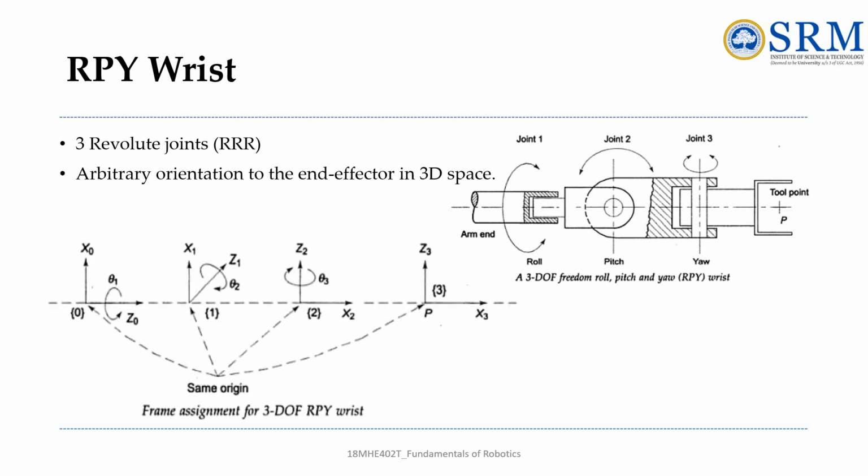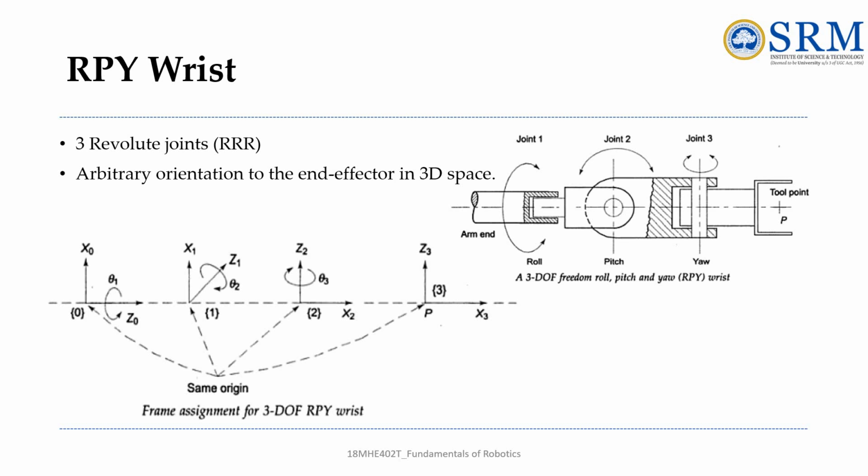First we'll be assigning the joints, naming the joints. Okay, so here we name the joints as 0, 1, 2, 3, from base to the end effector. Okay, so we are going to compute the roll, pitch and yaw movements.